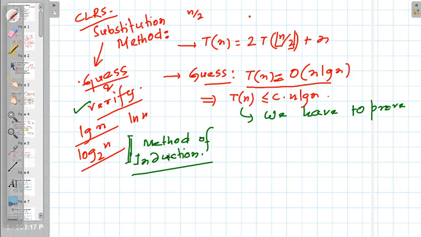So what is this method of induction? Method of induction means some base case will be true. It's a three-step process.